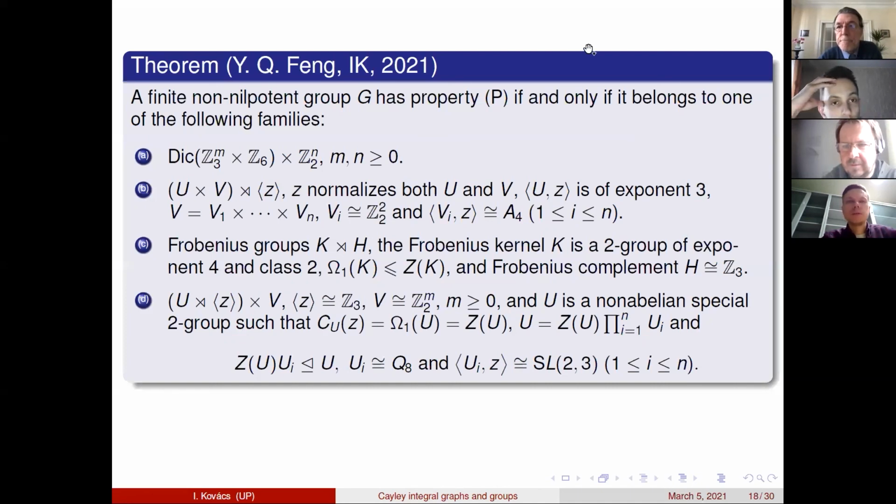I may have a naive question. You consider Cayley graphs with symmetric connecting sets, right? Yes. So what can be done, or what can you say about general Cayley graphs? Are there any results?